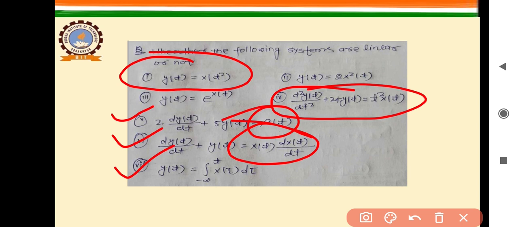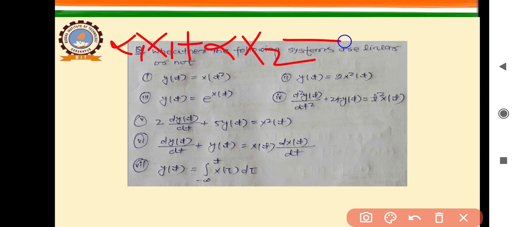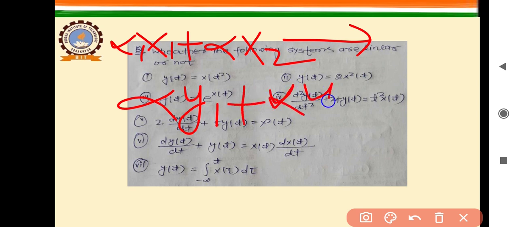So there are many methods to check for the linearity of the system. You can apply both the laws simultaneously. We can write the input as alpha x1 plus alpha x2. If this input produces a weighted output, alpha y1 plus alpha y2, then directly we can say that the given system is a linear system.